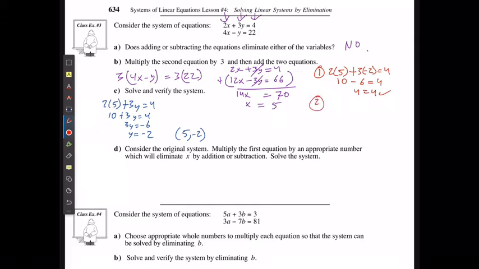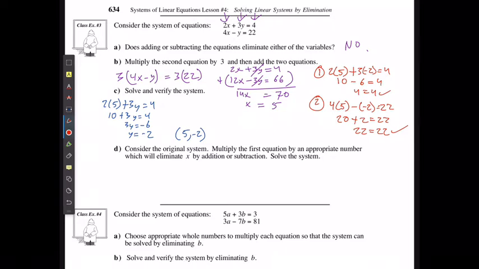Equation 2, I'm always going to do it in my original form. 4 times 5 minus negative 2 is equal to 22. 20 plus 2 is equal to 22. And 22 is equal to 22, and that works.